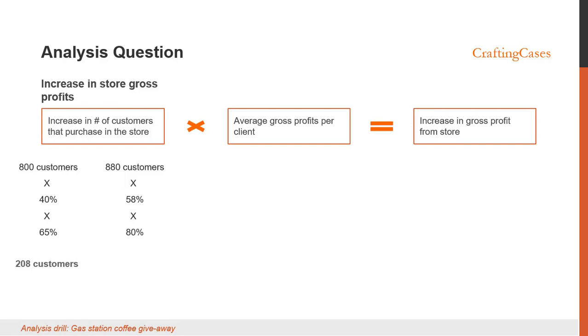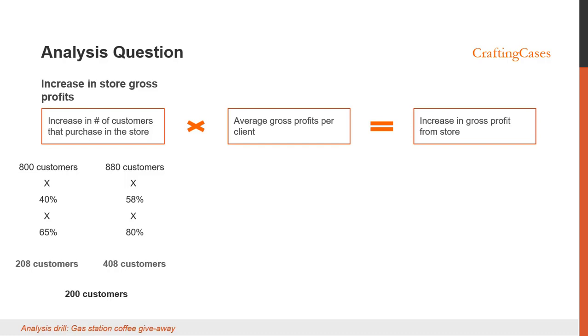So this is 371. Now I want to add back those 10%. So 371 plus 37.1 brings me to 408 customers approximately. Alright, so the difference between those is 200 extra customers.